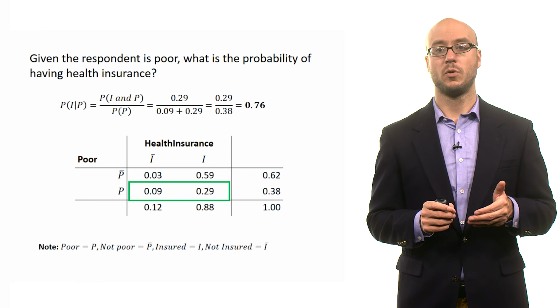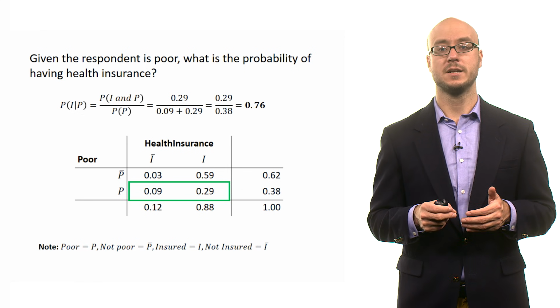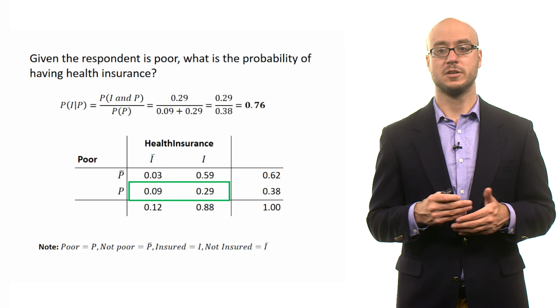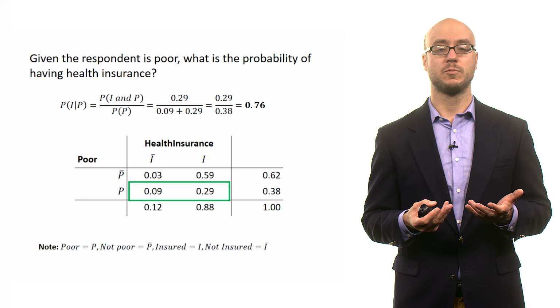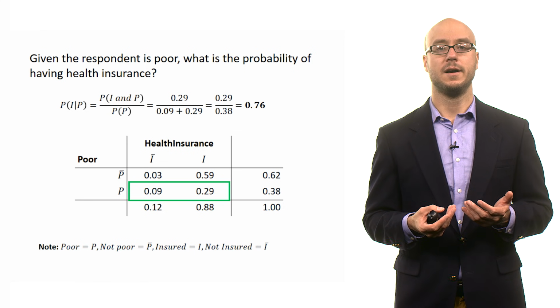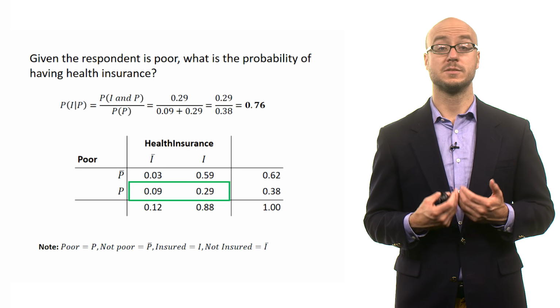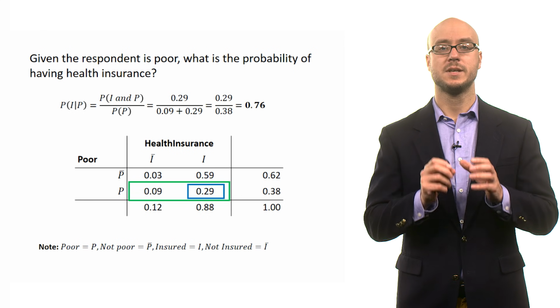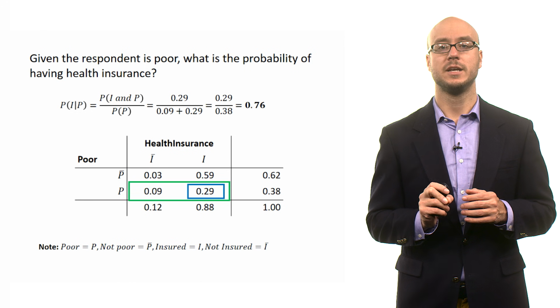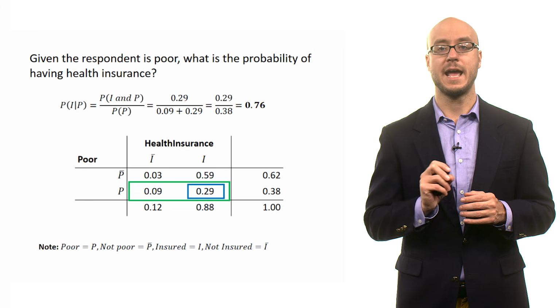It's 0.09 plus 0.29, which is 0.38. So you can also just look at the margins. Overall, roughly 38% of the population is poor. Then that joint probability is given by that cell in which we have I and P.